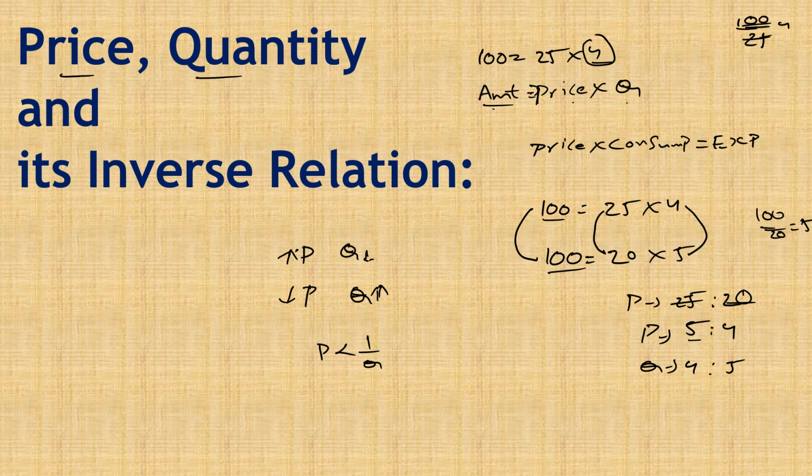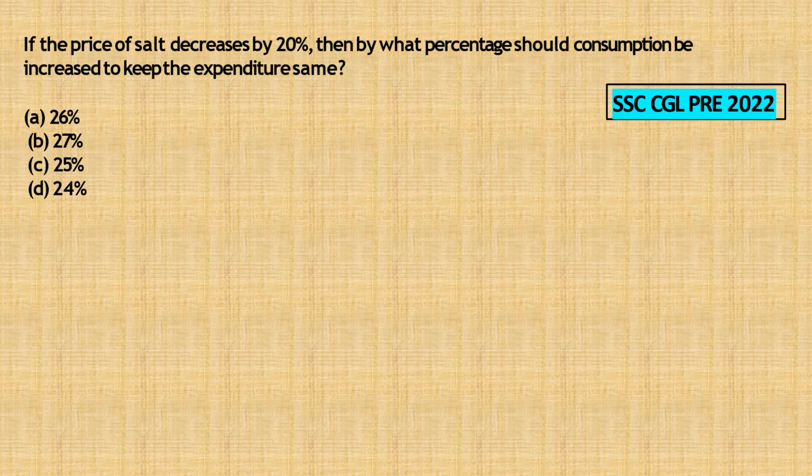Let's do questions based on it. If the price of salt decreases by 20%, then by what percentage should the consumption be increased to keep the expenditure same? The price of salt is decreased by 20%, that means it was 100 and decreased by 20%, that is 80.